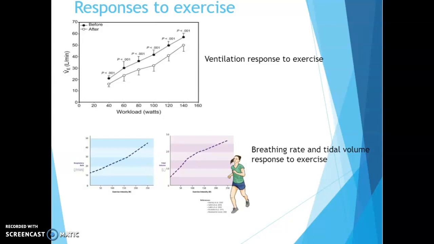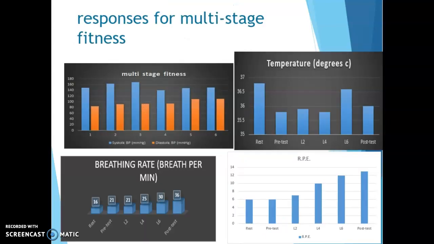But when there's a lack of oxygen due to the increase in exercise and demand for oxygen, it converts to anaerobic respiration, and so the blood lactate begins to increase.